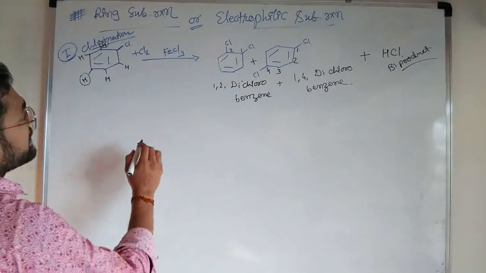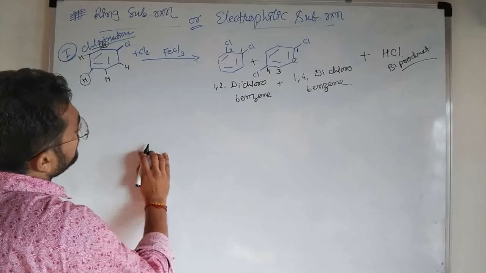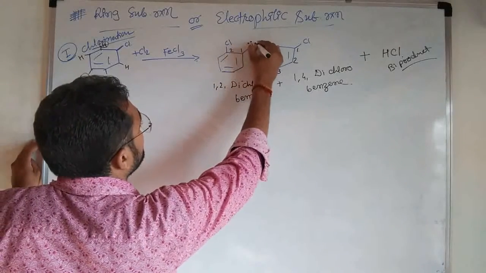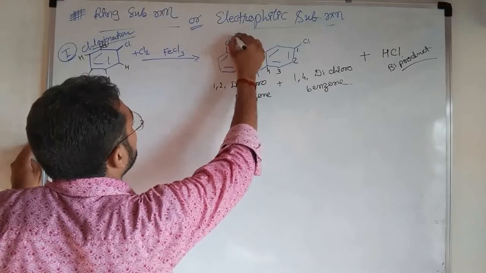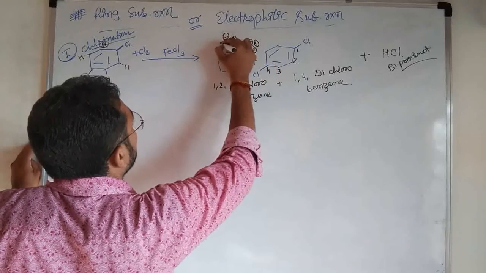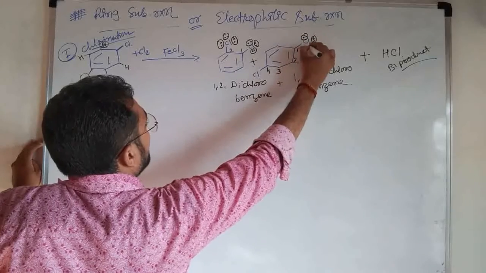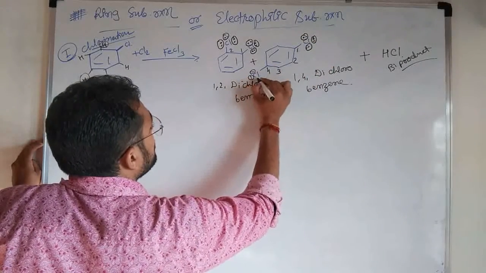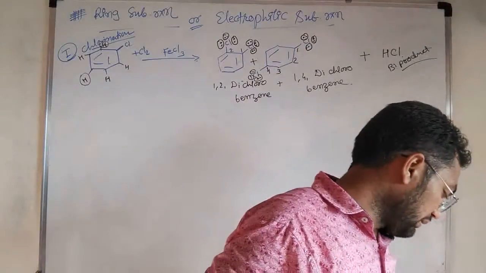Now in the chlorination reaction, in the same way, both chlorines have 1, 2 and 3 lone pairs like this. So what will be possible?